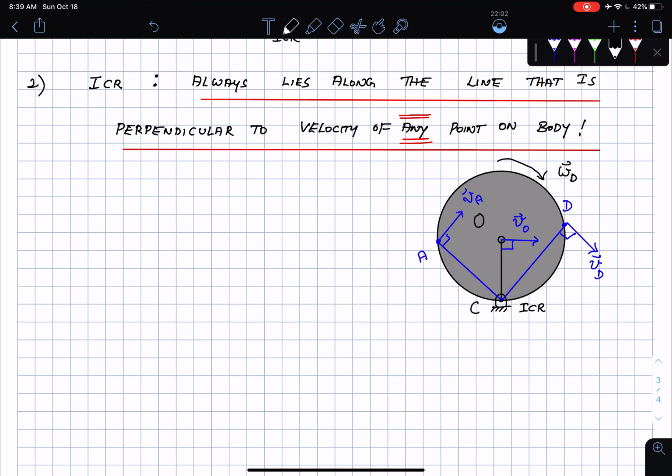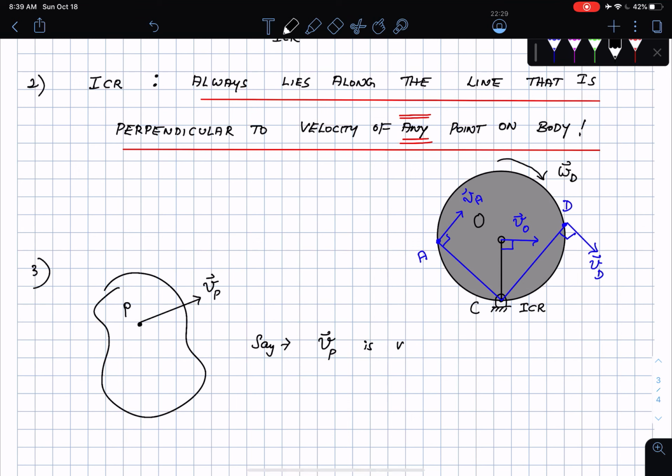Okay, so let's say that if velocity of P is a point on the body, let me just take an arbitrary body here. Let's just say I have some point P, and here is the velocity of that point. Say Vp is the velocity of some point on an arbitrary body.